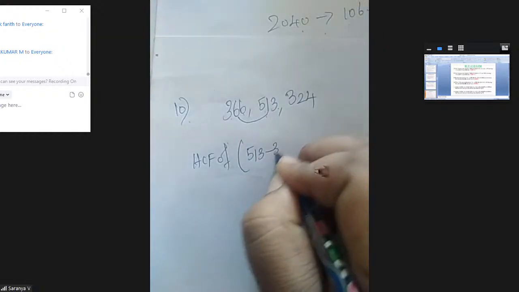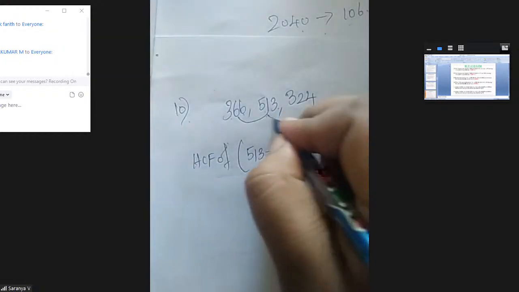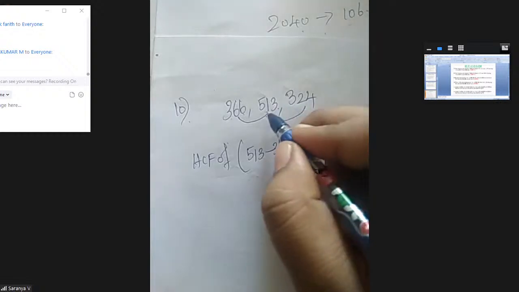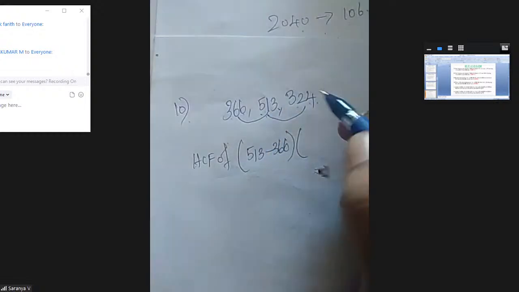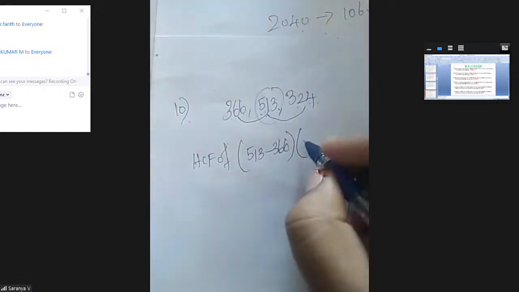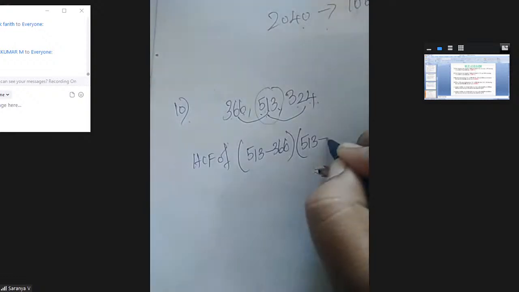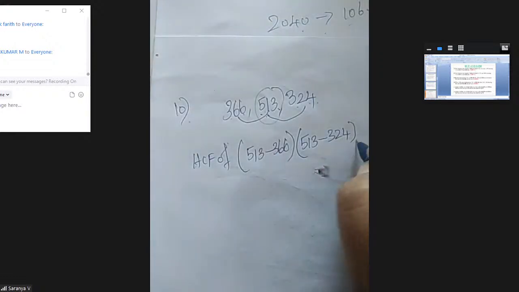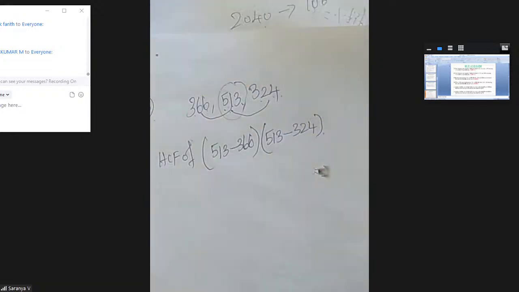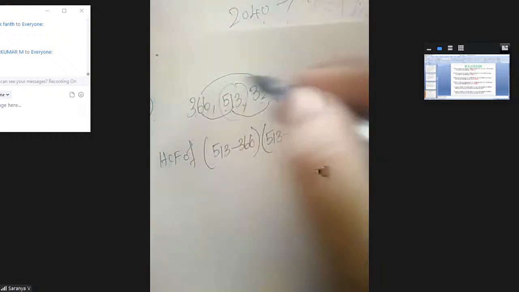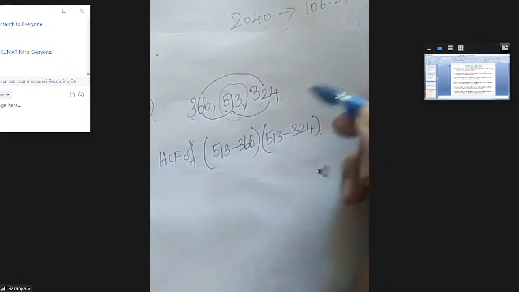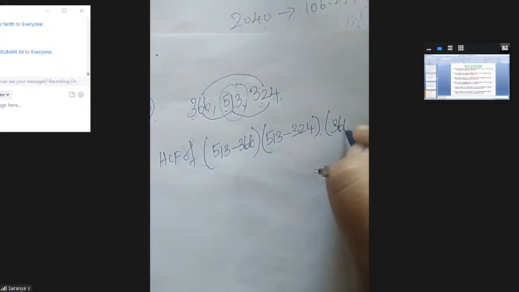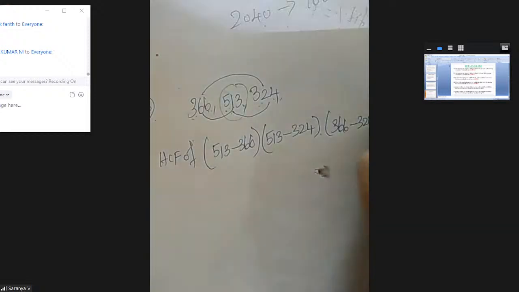Next combination, 513 minus 324, and the last combination is 366 minus 324.